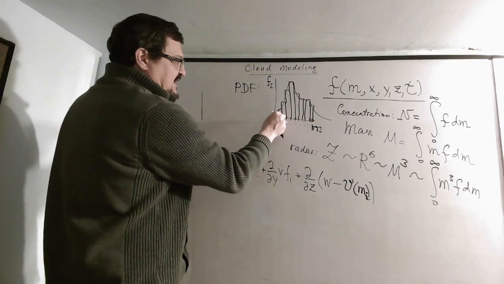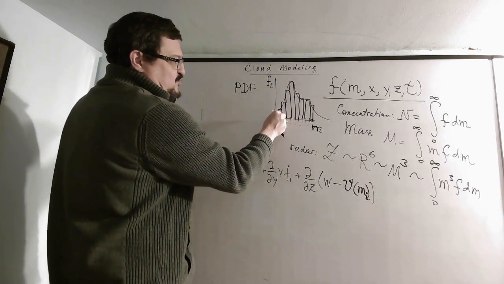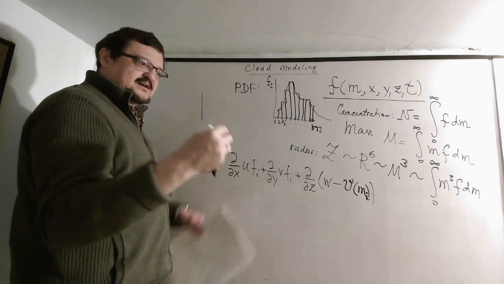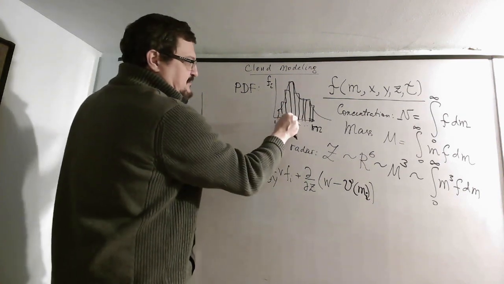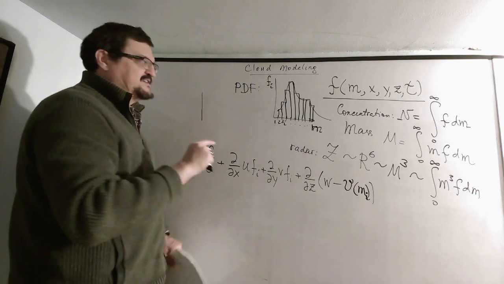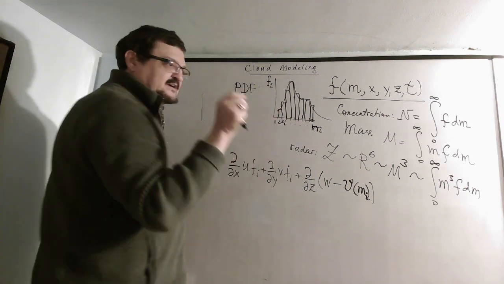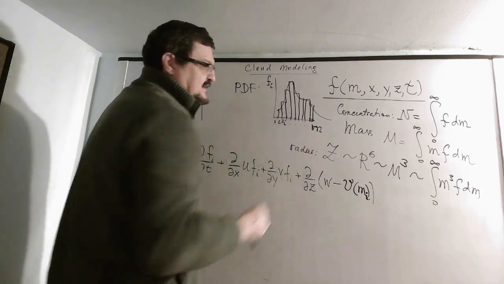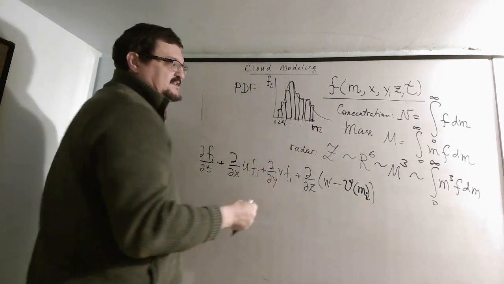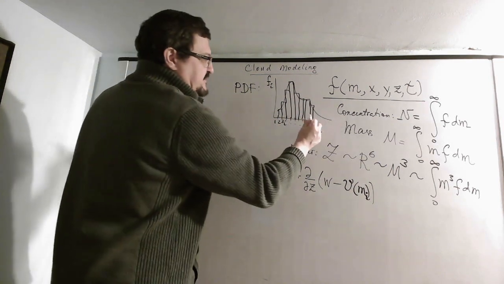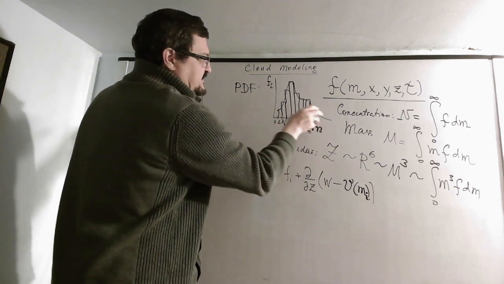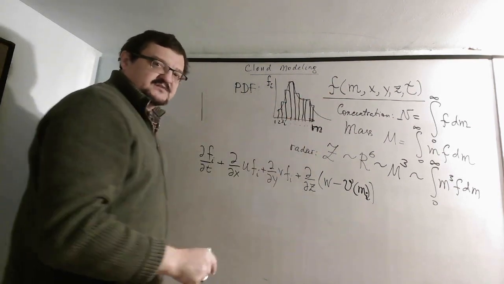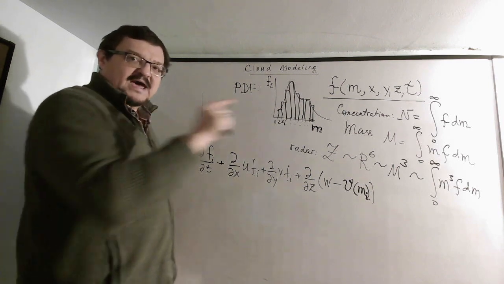Now you need to add a movement in size space. Each bin can move by condensation or by other processes. Particles of a certain size basically move in this size space. So this is like x, y, and z, and now you have size or mass space, whereas your distribution is transported through three-dimensional space, and it's also transported through mass space.